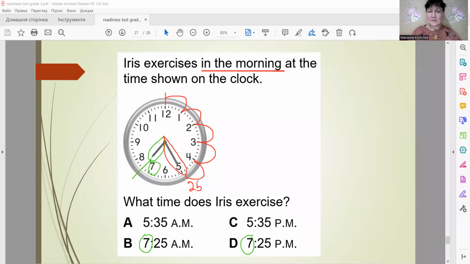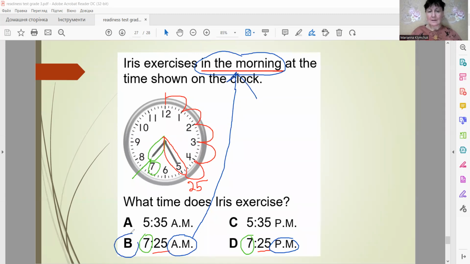And what's the trick? We have 25 here and 25 there. So again, what's the difference? Here we have AM, here we have PM. We go up and read the keyword: in the morning. Morning is AM. That's why answer B is correct.